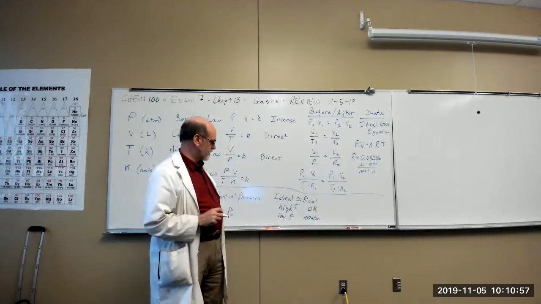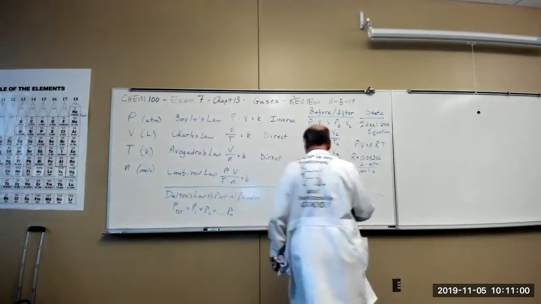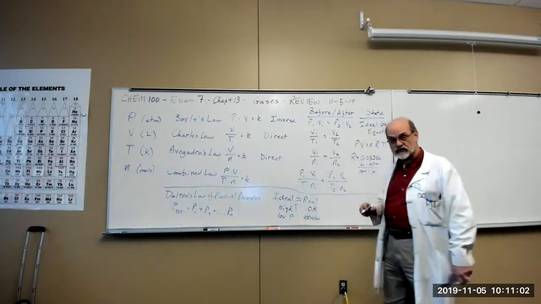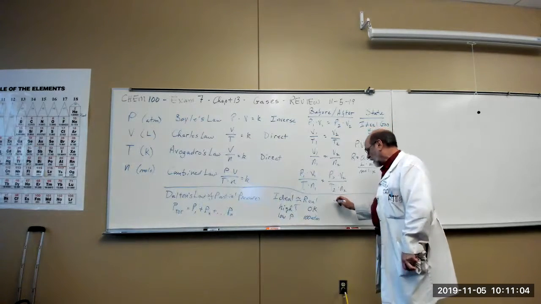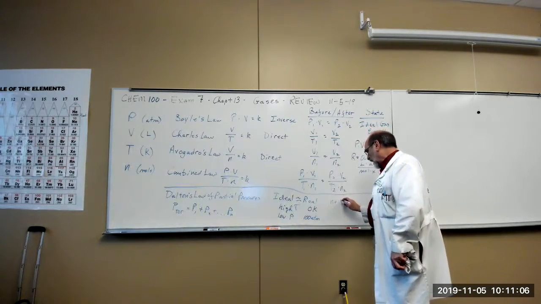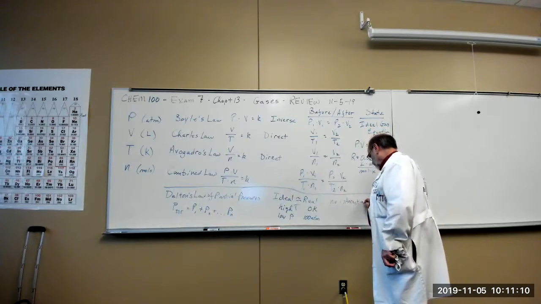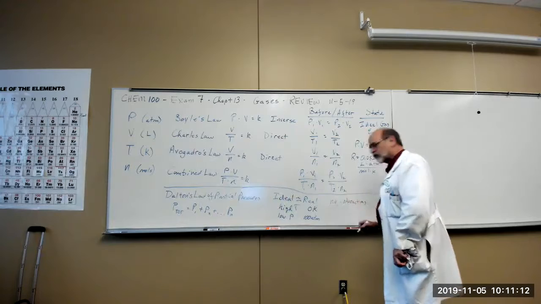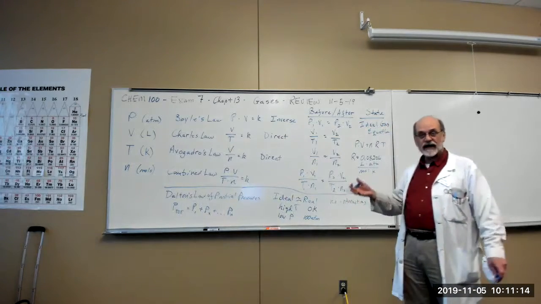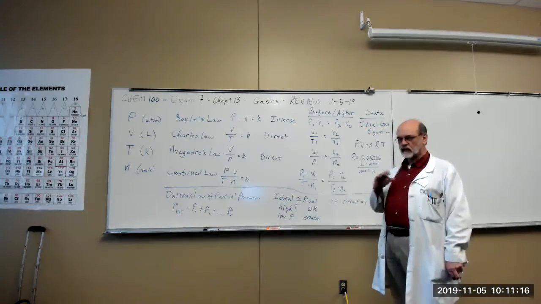So what makes an ideal gas? Well, we have assumptions. The assumption is that there are no interactions between the gas molecules when they collide with one another. They don't attract, they don't repel.